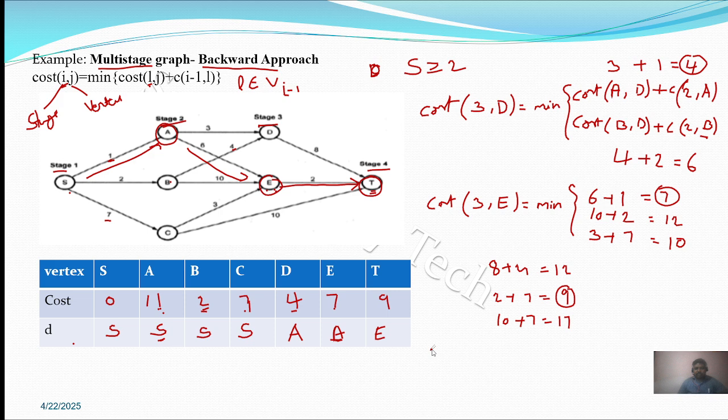The optimum path is S to A, that is 1, A to E, that is 6, and E to T, that is 2. So the total cost of this path is 9.